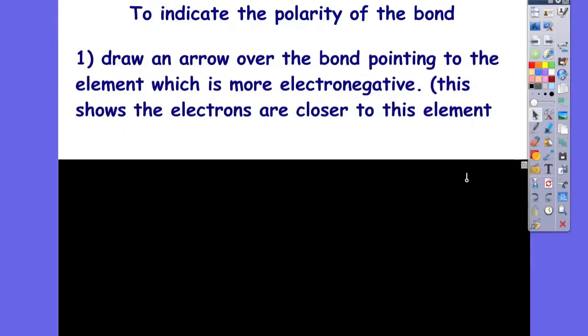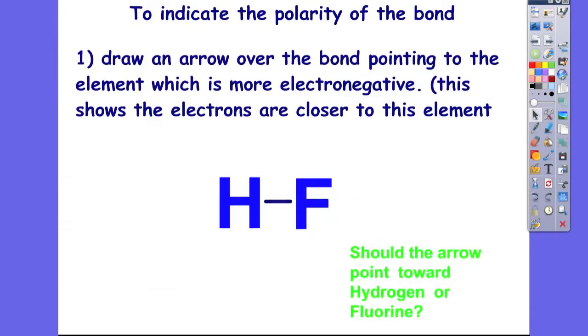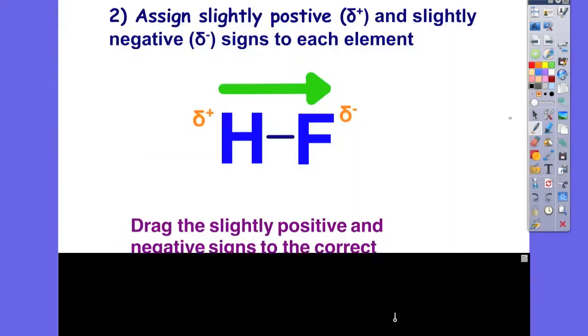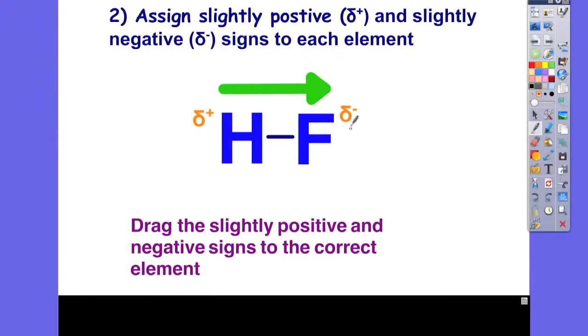Okay, to indicate the polarity of the bond, we're going to draw an arrow over the bond pointing to the element that is more electronegative. We know that fluorine is the most electronegative of all the elements, so we're just going to draw an arrow going this way. Then we're going to assign charges.